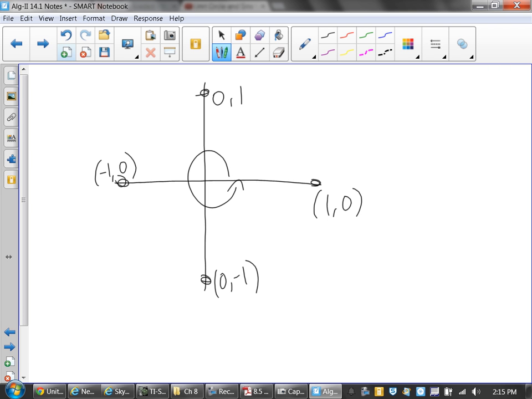You agree? The period it takes to go all the way around a circle is 2 pi. If all of a sudden I say that the period to go around in a graph is pi, that means all of these points that are occurring cut in half. This would occur at pi over 2, this would occur at 3 pi over 4, and so on. What you're doing is you're working with the period.